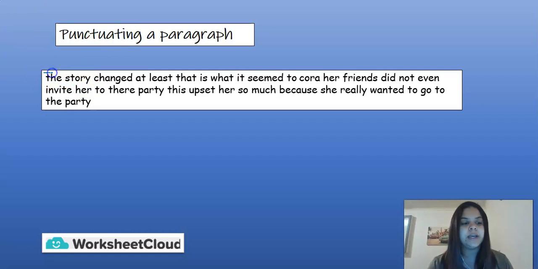So there already, I can see there's an error over there. The story changed, at least that is what it seemed to Cora. So the story changed, that is the end of my sentence there. And then at least, capital letter, that is what it seemed to Cora. Cora is the name of someone, so therefore it must be in a capital letter. And there's a full stop over there because that's the end of that sentence.